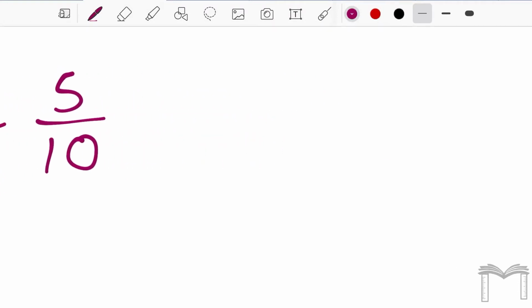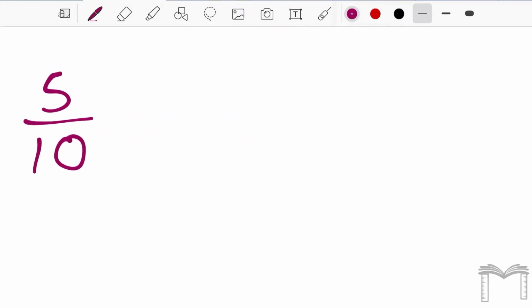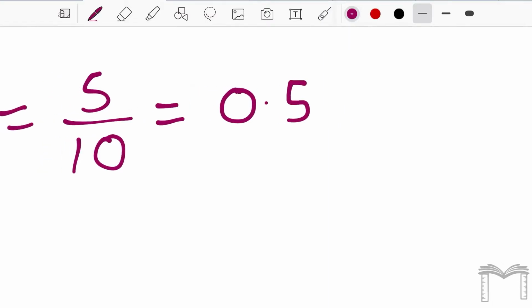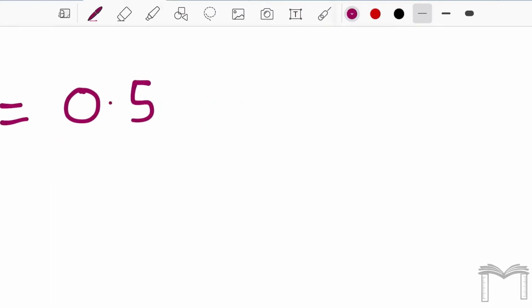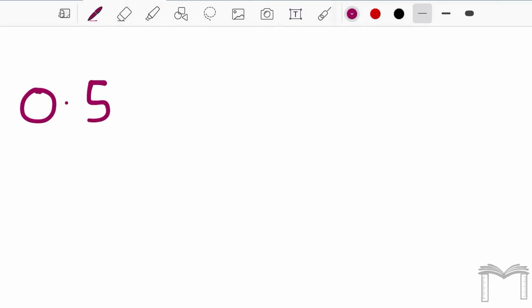So now that we have the denominator being 10, we know that 5 over 10 is equal to 0.5. Or if we are dividing a whole number by 10, we simply carry back the decimal point one place. How do we make 0.5 a percentage?